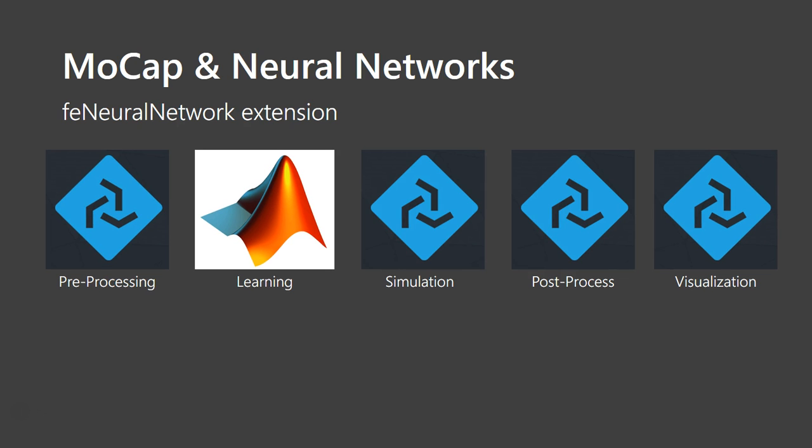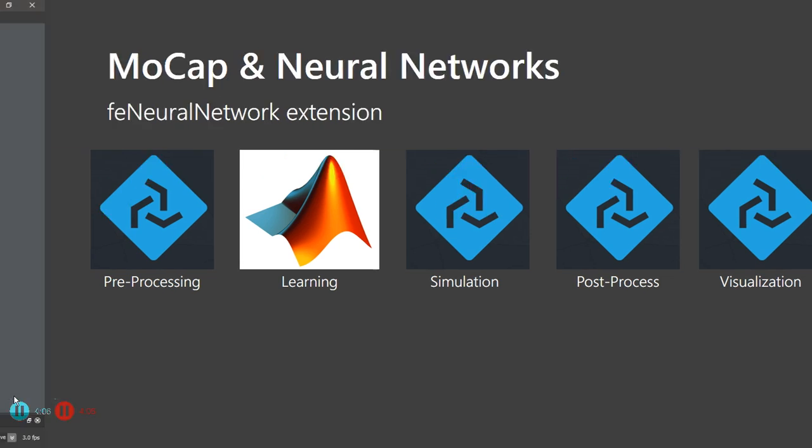So what I have done, since the simulation process is not that complicated, is I have implemented an extension called FE Neural Networks, so Fabric Engine Neural Networks, which basically defines a neural network object inside Fabric Engine and does the feed-forward process, which is just the simulation. And I think it's very useful if you're trying to do stuff like this.